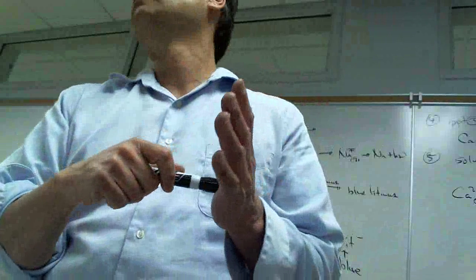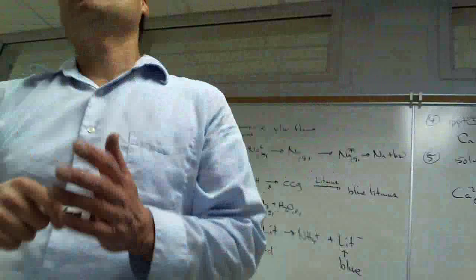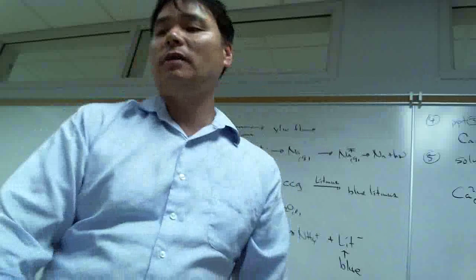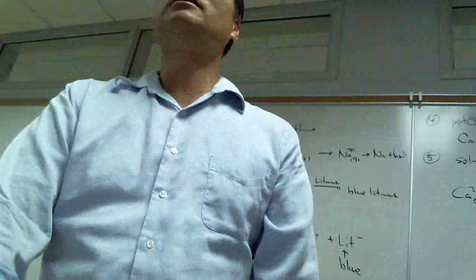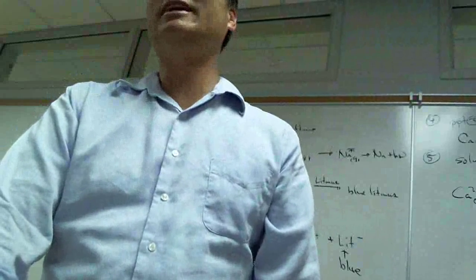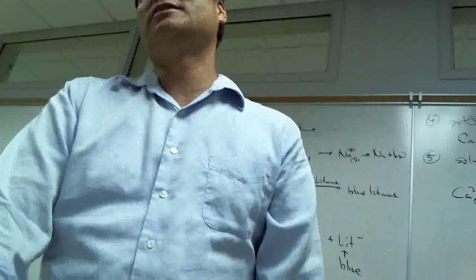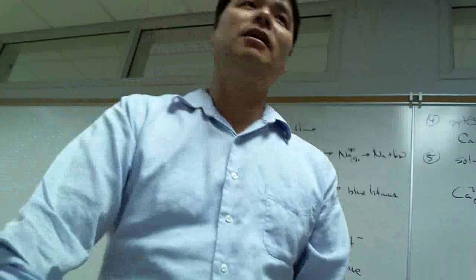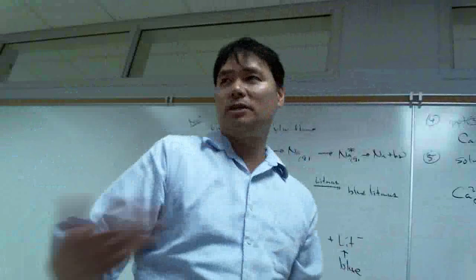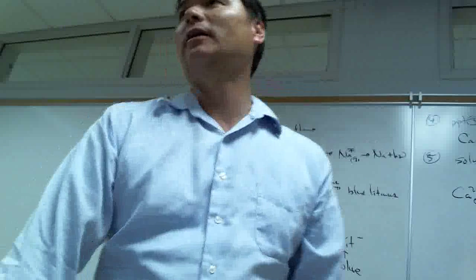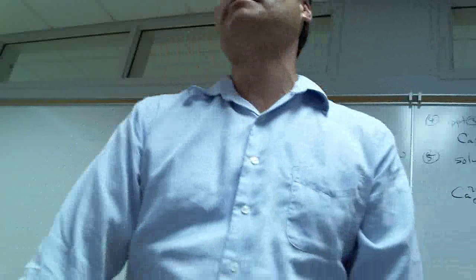So for all 10, basically, but it should be very easy, right? We just did it, and it didn't take very long. But with this repetition of seeing it, hopefully you'll understand more of the chemistry that's happening. Okay.